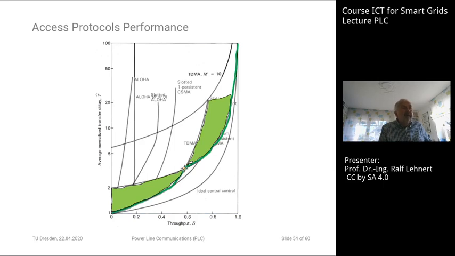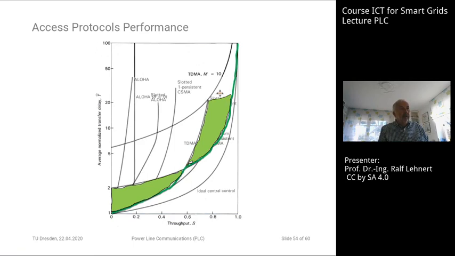And in a highly loaded system, or in a system with more transmitters, we can make use of this here. That means we can increase the load to a higher value, or can decrease, for instance at this value, the delay by a factor of 4 in this case.